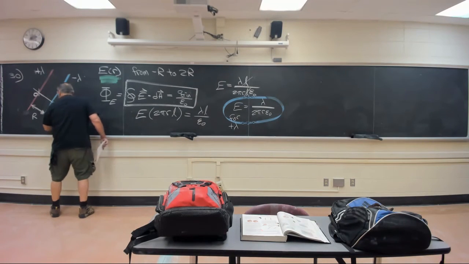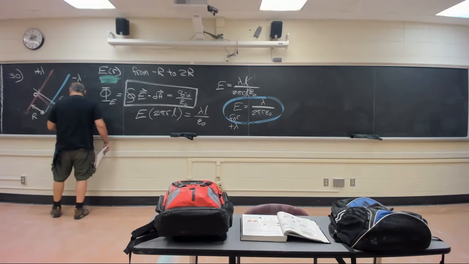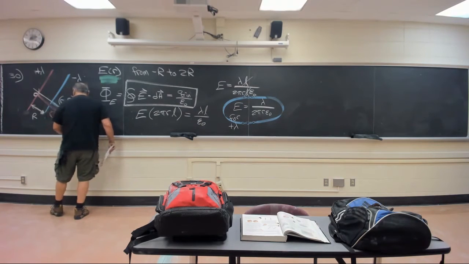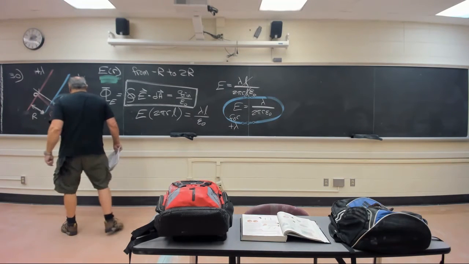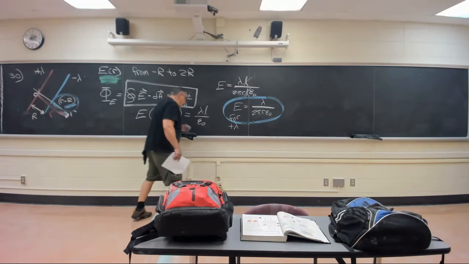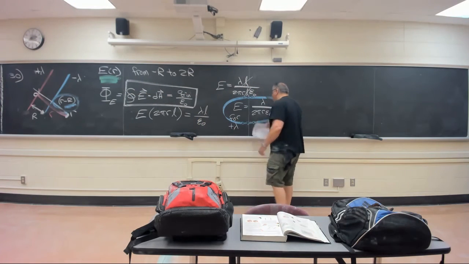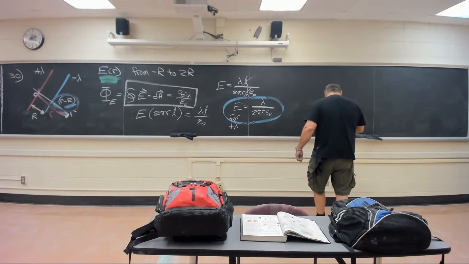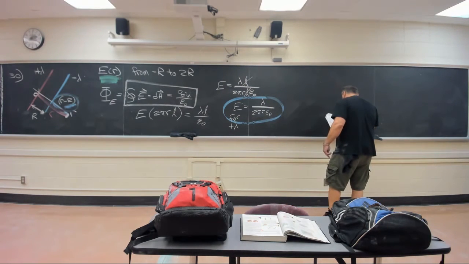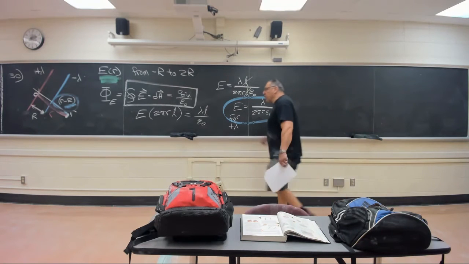The other guy is the straight out r. So when you're going to do the same kind of Gaussian surface, you're not going to use small r, you're going to use small r minus big R, and it's going to be going inward.